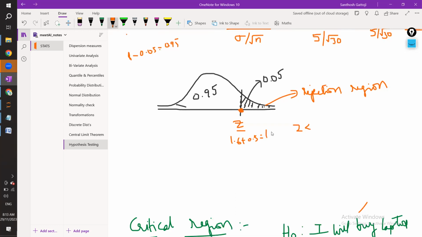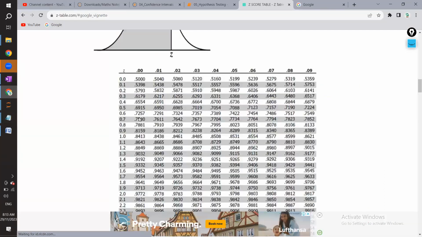It is 1.65. Fine. This value is 1.65, guys. Why? Because according to the graph, the 1.65 value will cover 95% of the area.